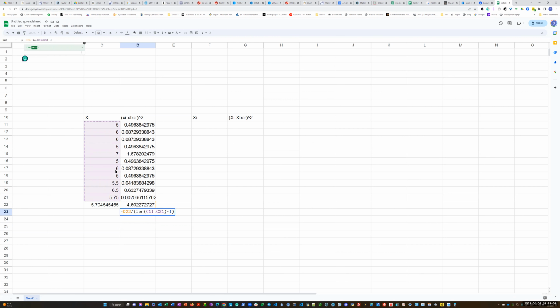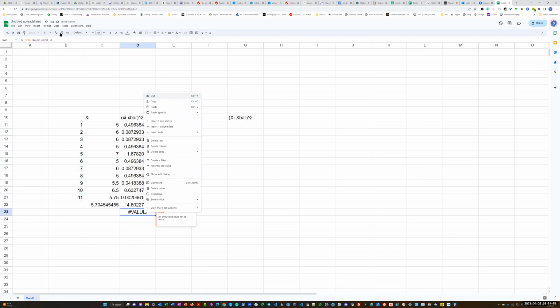One, two, three, one, two, three, one, two, three. This is 11, oh. Divide by 10. Is that correct? But you still need to do the square root, so I'm just going to do that now too.